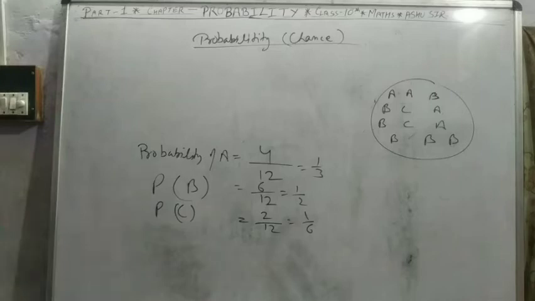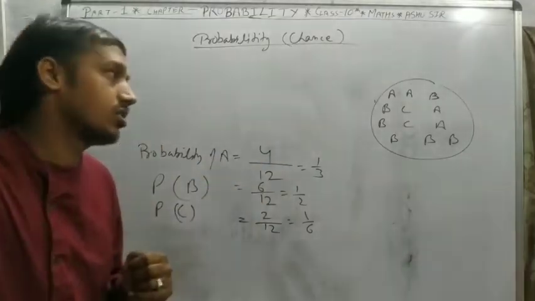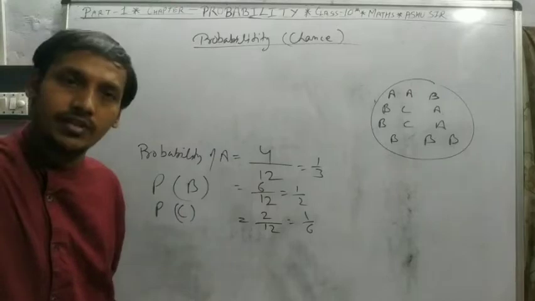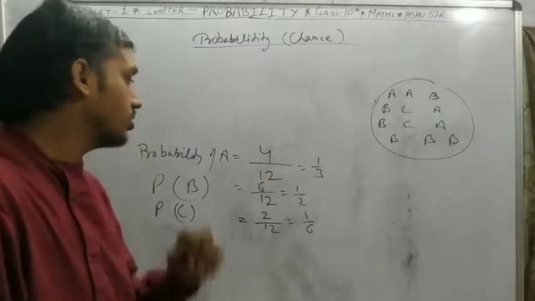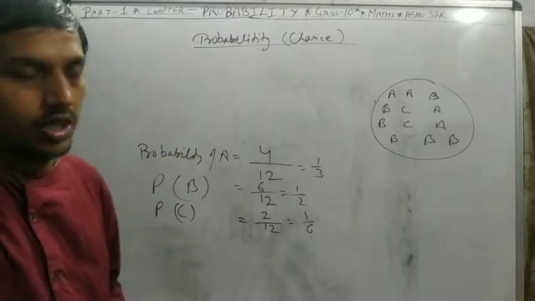Means if you consider this concept, you can say the numerator is the number of possibilities in the following event, and the denominator is the total possibilities in the event.